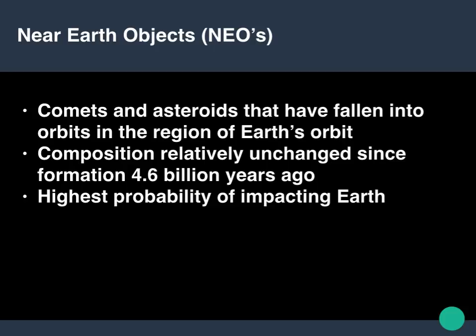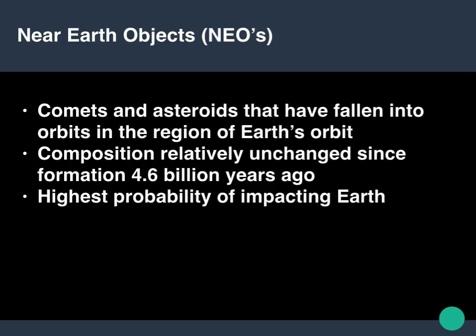So the composition of the near-Earth asteroids hasn't changed a whole lot since the formation of the solar system about 4.6 billion years ago. Because these are the ones that just kind of came out into this area and sat around. They're fairly spread out in comparison to the main belt, and so they don't collide a whole lot.